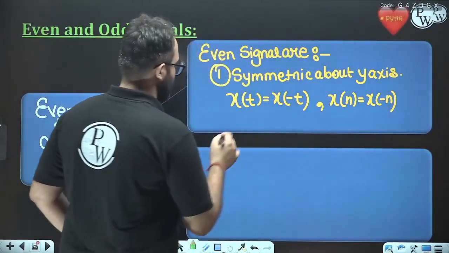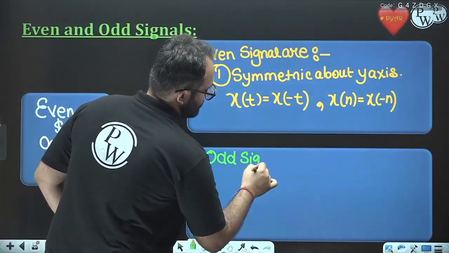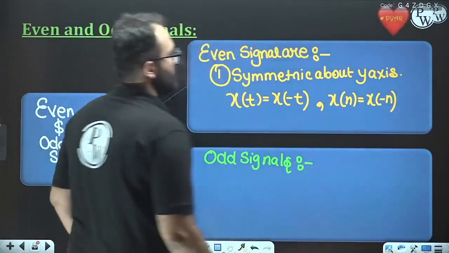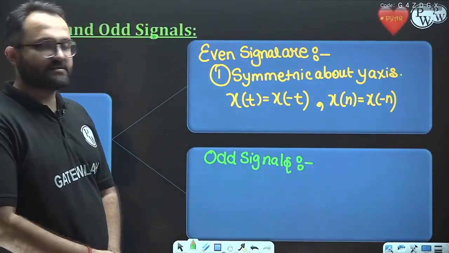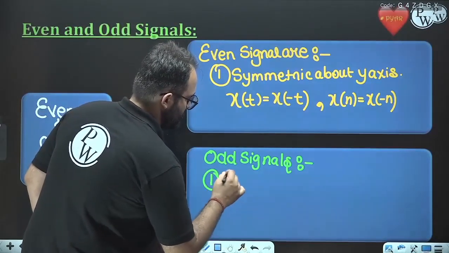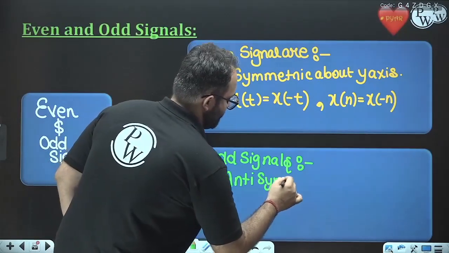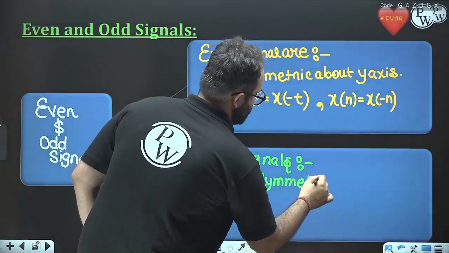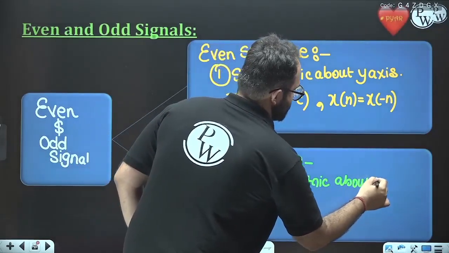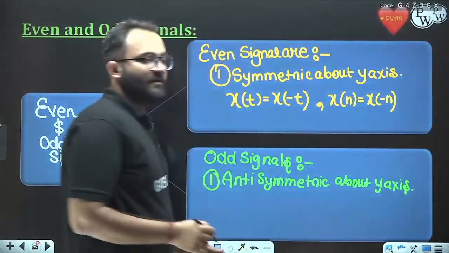The odd signals are anti-symmetric about the y-axis.